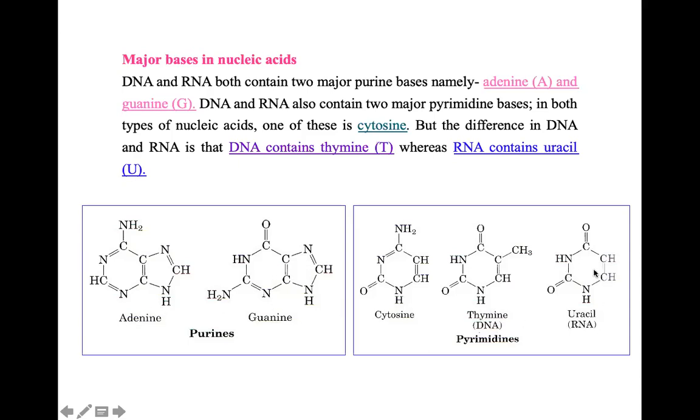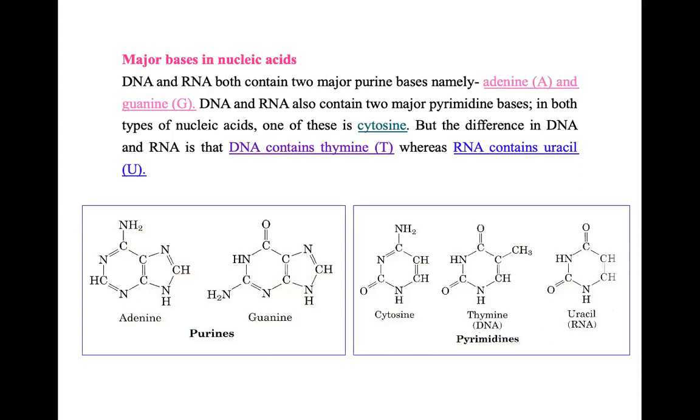We never find uracil. Uracil is not present in the structure of DNA. But in RNA, uracil is present instead of thymine. So RNA contains uracil. This is the chemical difference between DNA and RNA.